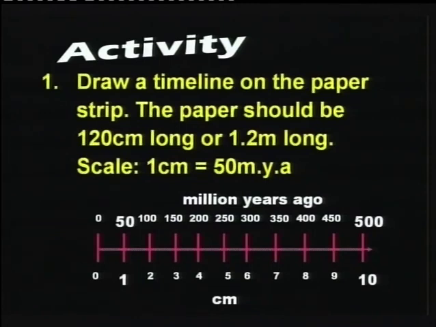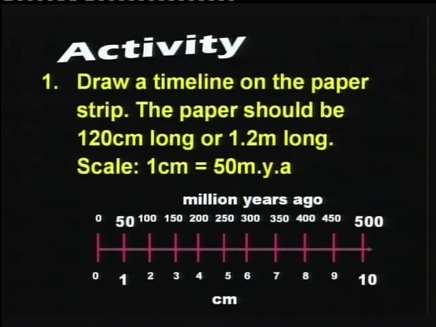Our activity for today, receiving students and the model class, you will draw a timeline on a strip of paper. The paper should be 120 centimeters long, or you can have your paper strip more than a meter long.